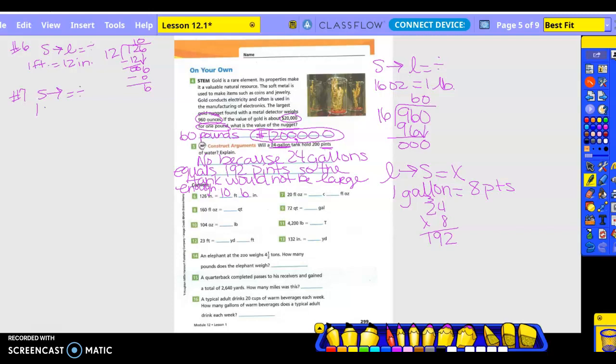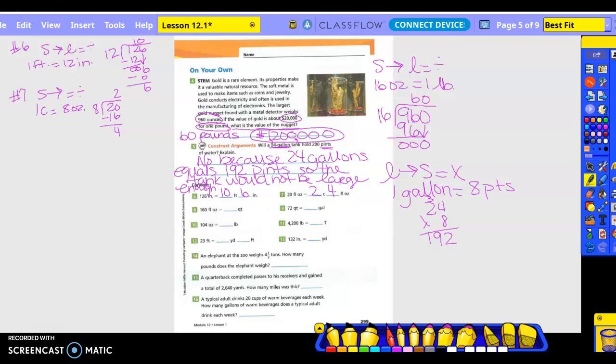So 1 cup equals how many ounces? 8 ounces. So I'm going to take 20 divided by 8. 8 goes into 20 how many times? Twice. Minus 16. With 4 left over. So my answer is 2 cups and 4 ounces.